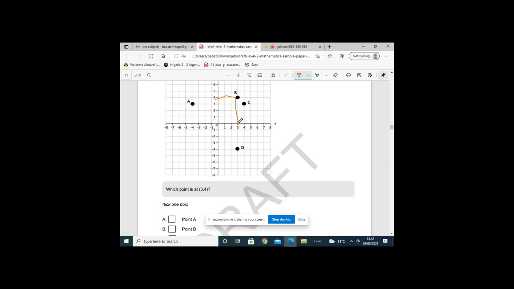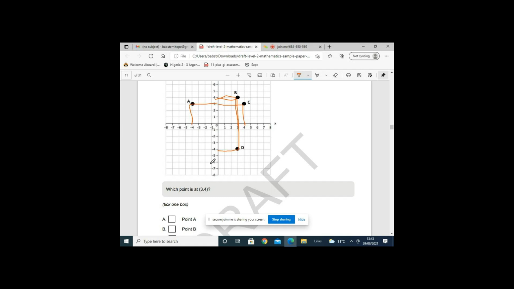So you just have to go to that place. The x-axis must be 3, then y must be 4. So which point is this? 3, 4. The coordinate of C is going to be 4, 3. The coordinate of A is minus 4, 3. The coordinate of D is 3, minus 4. So the one for B.